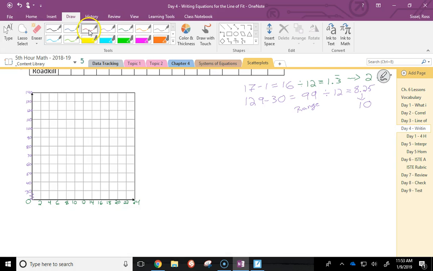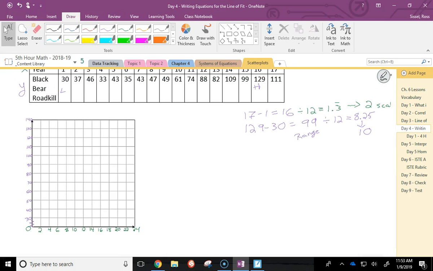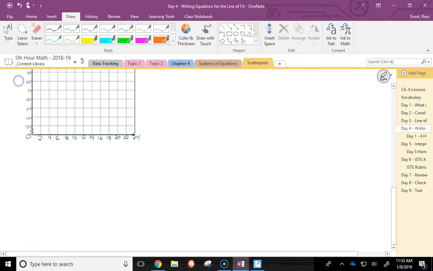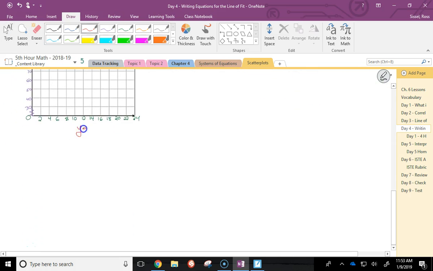So, my title, what is this telling me? What are we graphing? Sure. We're just going to say black bear roadkill. That's actually what this scatter plot's all about. It's about how many black bears are being killed on the road. We label our axes, and this is fairly easy. X is year. So we say year.